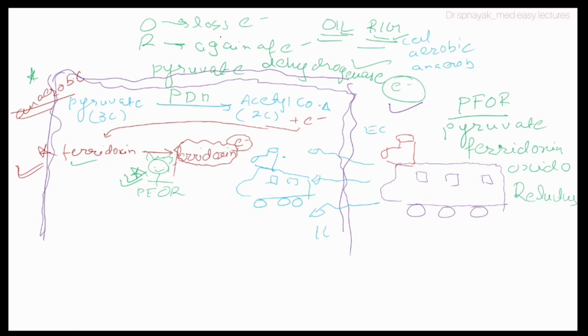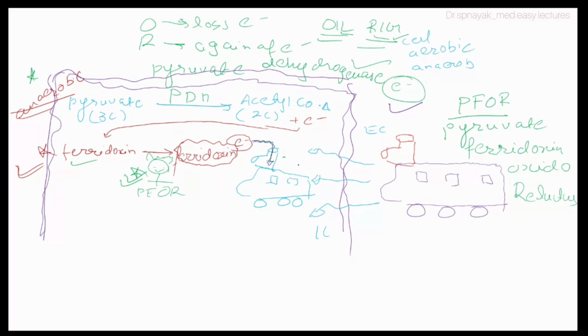But in anaerobic bacteria, this ferredoxin is in such a form that the electron is readily snatched by the nitro group, or the electron gun, of the metronidazole.